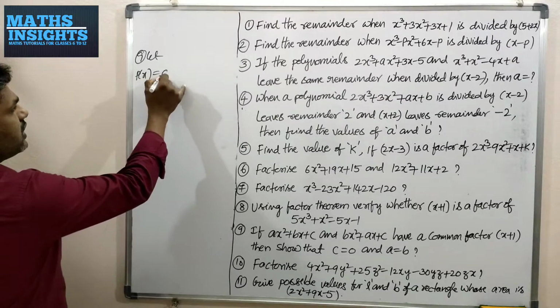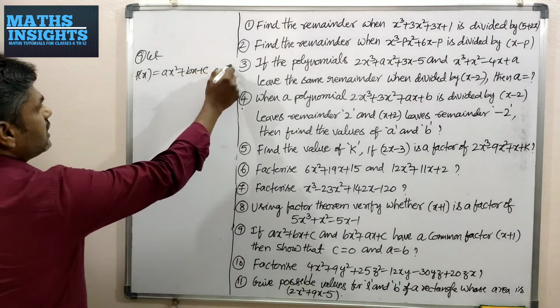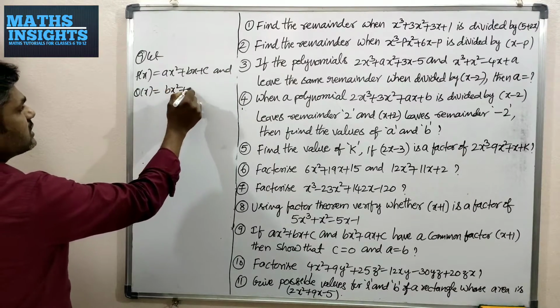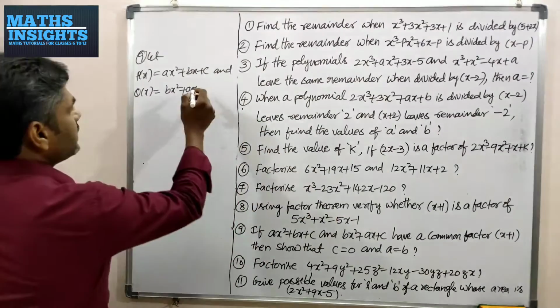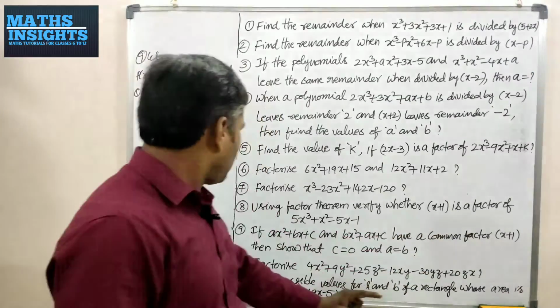Let p of x is equals to ax square plus bx plus c, and q of x is equals to bx square plus ax plus c. Now they have a common factor x plus 1.